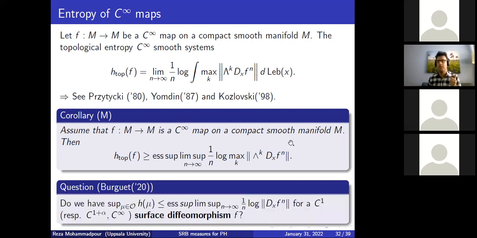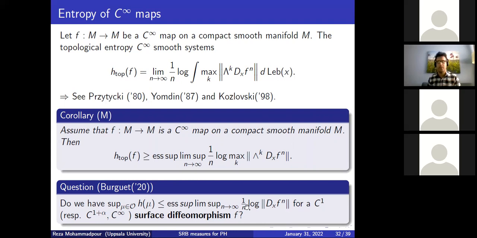Then we have this question by David Burguet, which is close to this corollary. David asked: is the supremum of the metric entropy over the space of observable measures smaller or equal than the essential supremum of the limsup of 1 over n log of the norm of the derivative of f^n at point x, for a C1 plus alpha surface diffeomorphism?